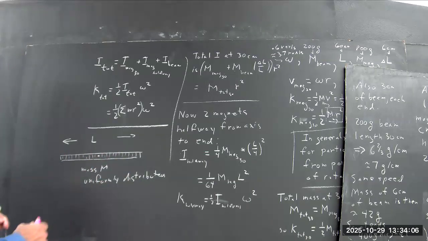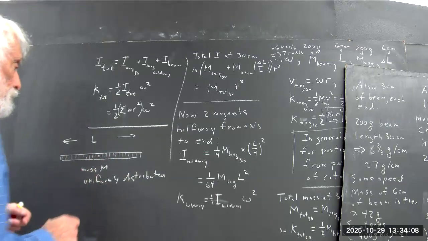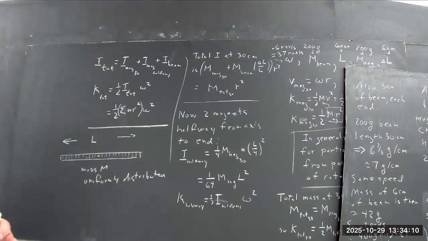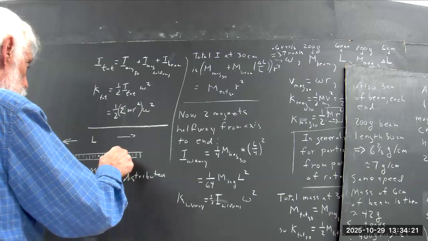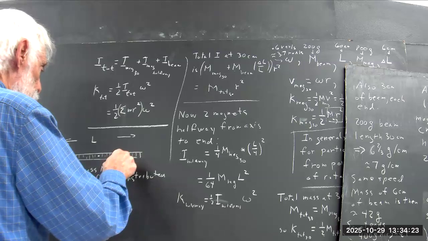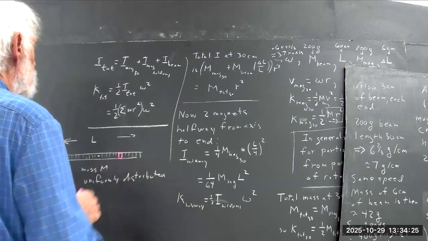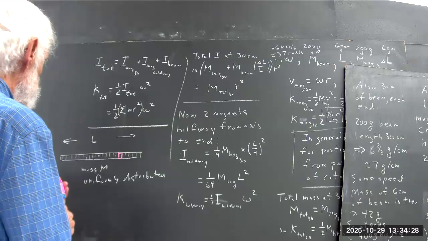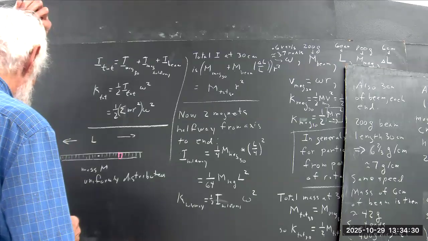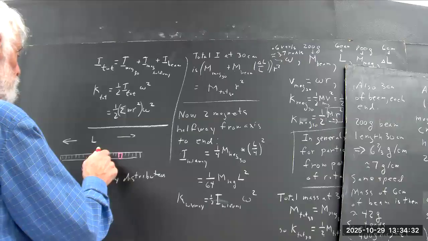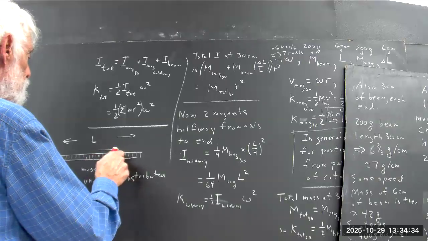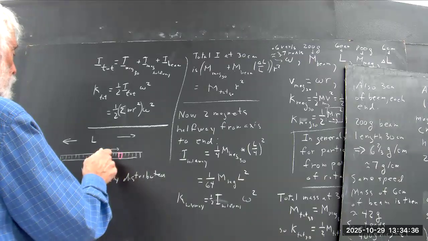So we can break it up as fine as we want to, which means we're going to take a limit as the number of segments approaches infinity, which is how you get the limit of a Riemann sum. I'm going to take this particular segment here, and I'm going to say this is the ith segment.